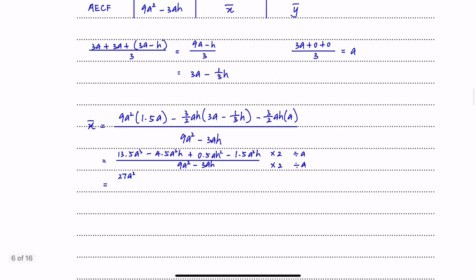Right, so we have 27a squared minus 12ah plus h squared divided by 18a minus 6h, equals 3a minus h times 9a minus h over 6 times 3a minus h.